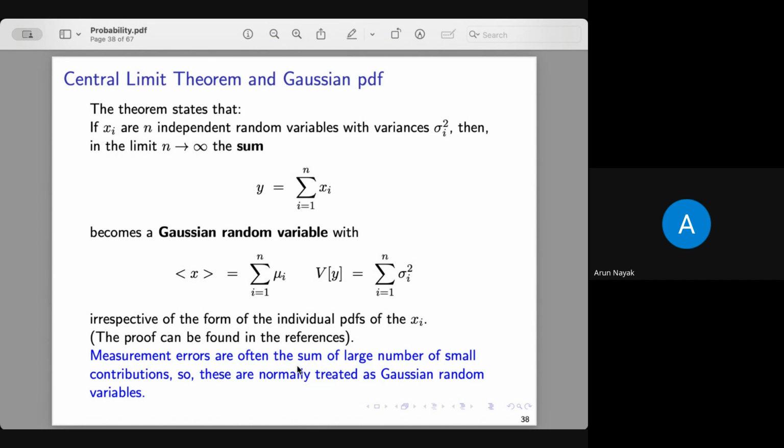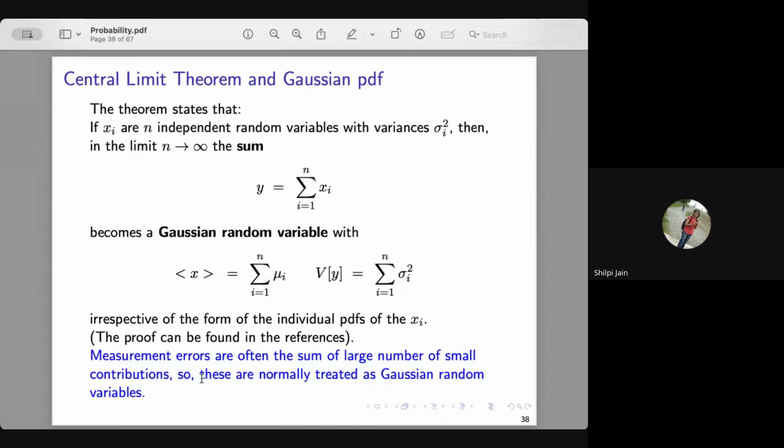Even if each of these sources has a different distribution, since they are a combination of many sources, the overall uncertainty tends to be Gaussian. So that's why we often use measurement errors as Gaussian random variables.